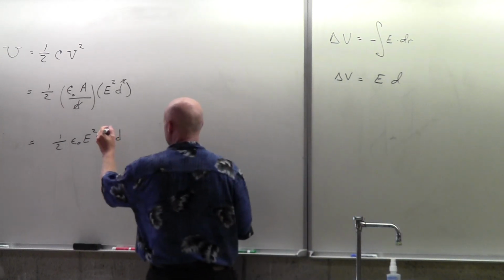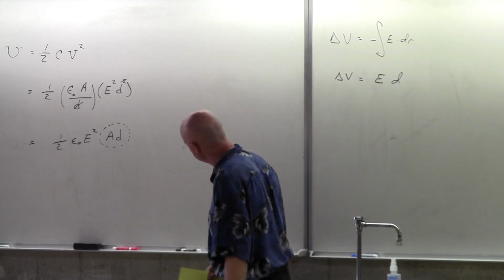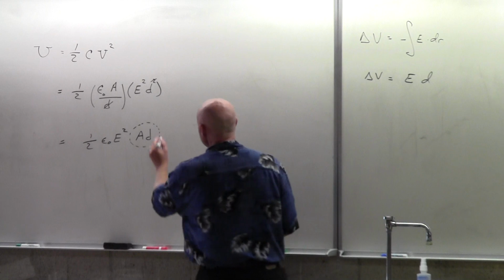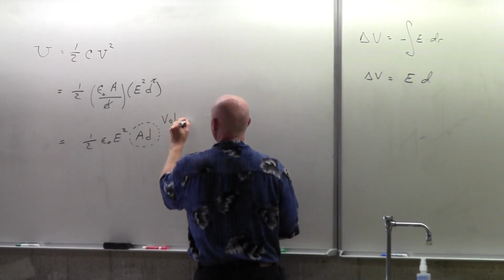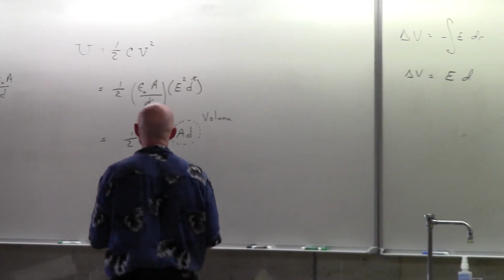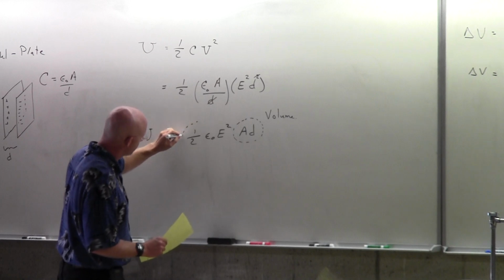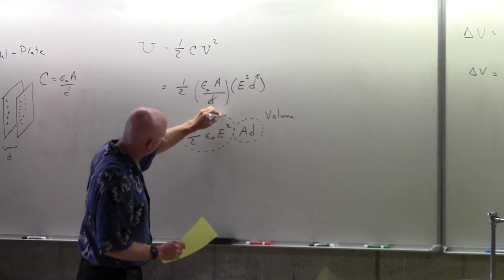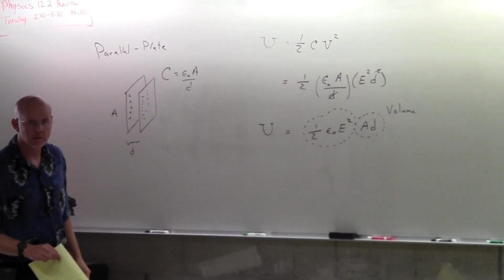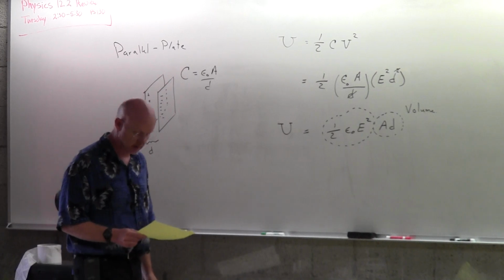What is that? Volume, right? This is the volume between the two plates. This is the volume where there is an electric field. And so what I'm after here would be the meaning of that. What would you call that crazy thing then?